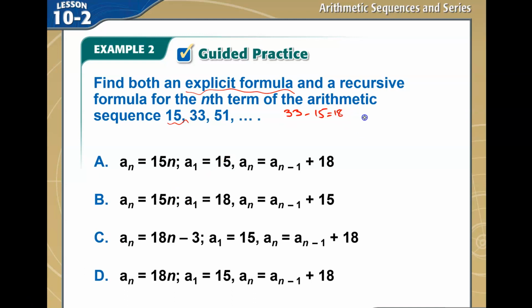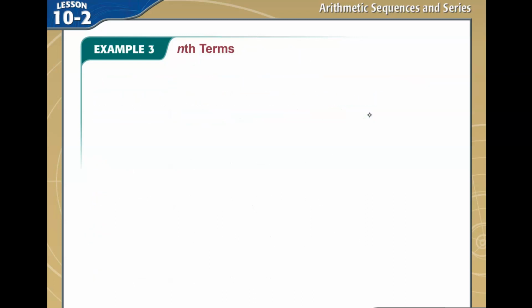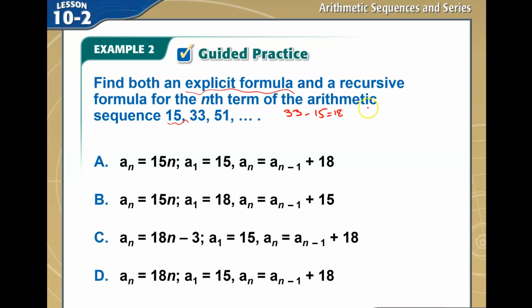And now the nth term: An equals a1, which is 15, plus (n minus 1) times the common difference 18. Now simplify: An equals 15 plus 18n minus 18. 15 minus 18 is negative 3, so An equals 18n minus 3.